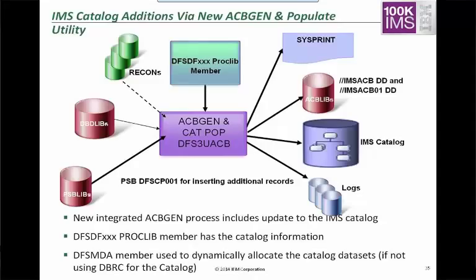This defines an ACB library dataset that contains the ACB members that are used to populate the IMS catalog. This DD statement is required and must specify the same dataset defined in the IMSACB DD statement. To ensure that the same dataset is referenced, a suggestion here: code this DD statement with an asterisk as a high-level qualifier.